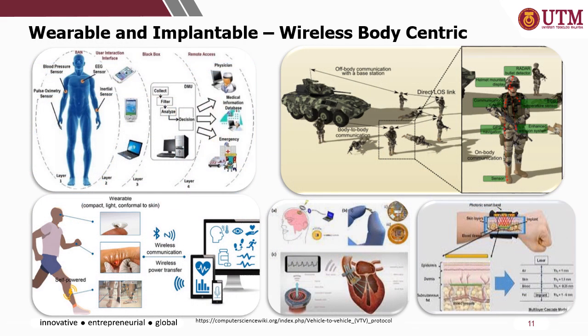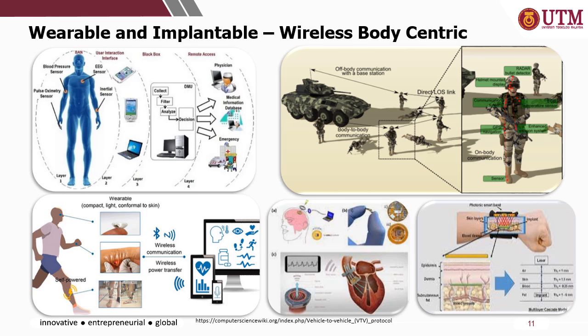Okay, next is the use of the antenna in wearable and implantable devices, so-called wireless body-centric communication. So it is not limited to medical systems, but is also used in military and tracking devices as well.